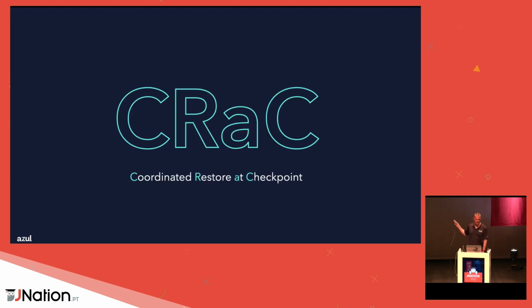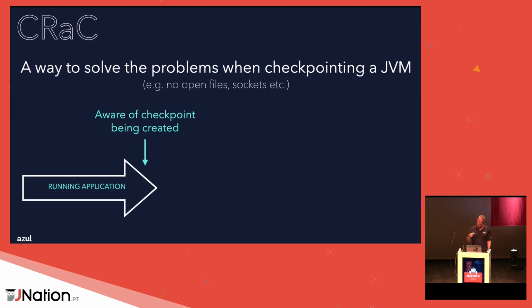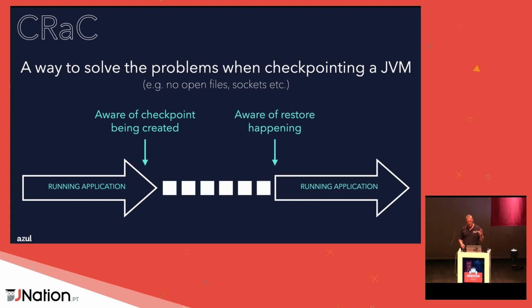And this leads me to CRaC, which is the Coordinated Restore at Checkpoint. And the focus is on coordinated. Because what we're trying to solve is that we let the application know when there is a checkpoint, and even when it was restored from a checkpoint. Why do we let the application know that? Because if you have a database connection open, and you just checkpoint the JVM, it will shut down.